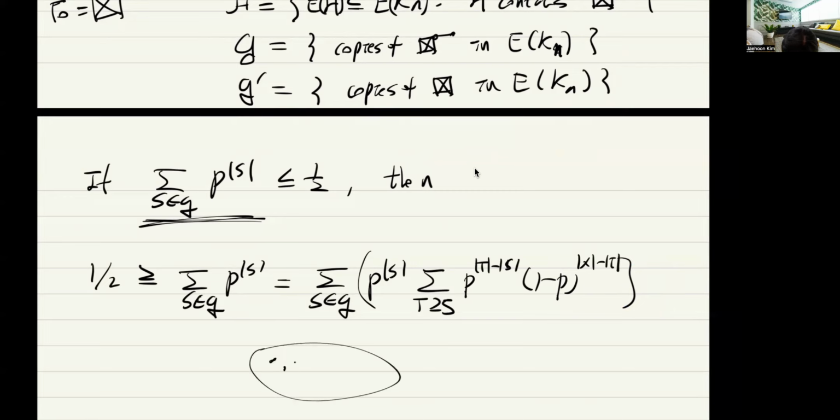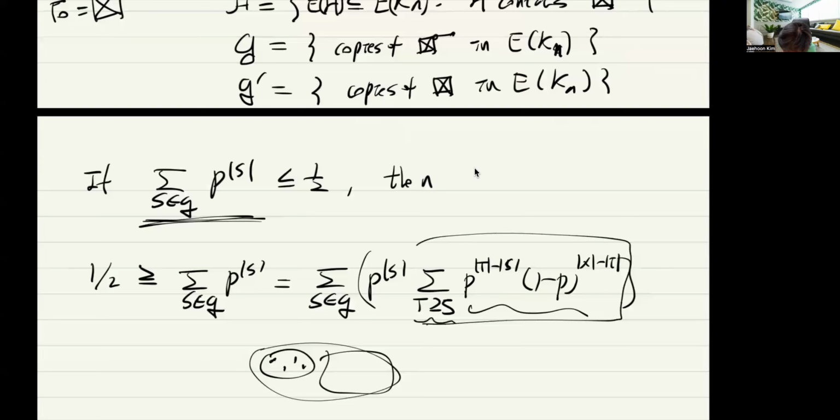Out of this set, S of them are already fixed, and the rest of them we don't care whether they are included or not. We added for specific S, so for T minus S, it may be included or it may not be included. So we consider all the possibilities. And this is actually 1, so these two are equal.